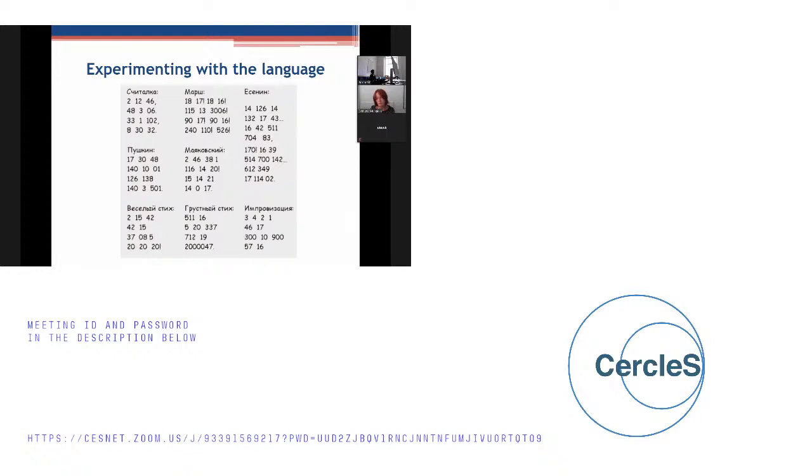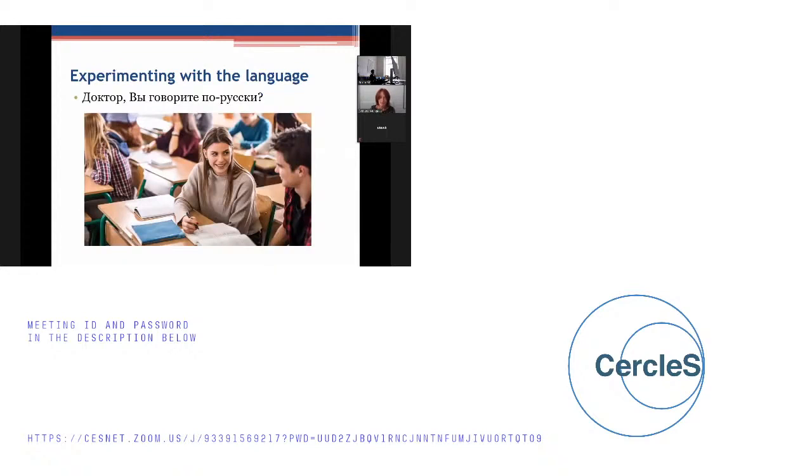We have a lot of fun reading these rhymes together, and they feel like co-authors of the course. Actually, during this short course, I wouldn't say the students experiment with the language very much, but still they may use, for example, such phrases as "Говорите по-русски" humorously to people who do not use Russian.